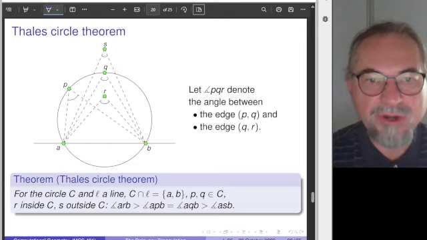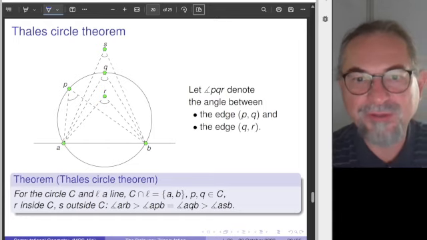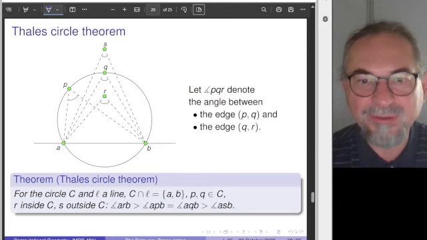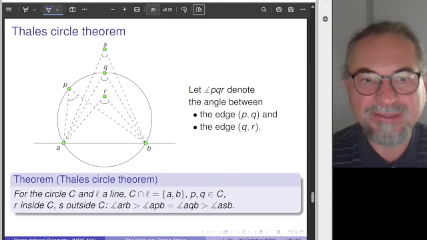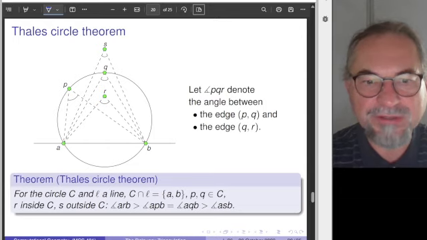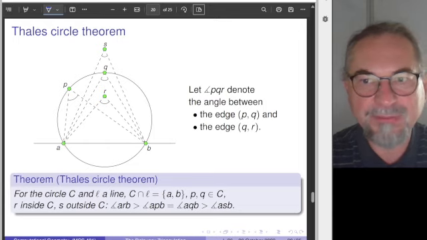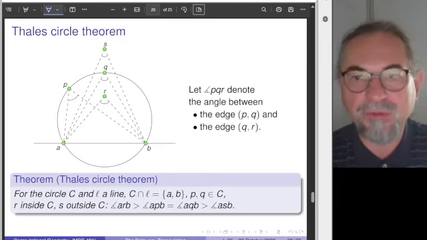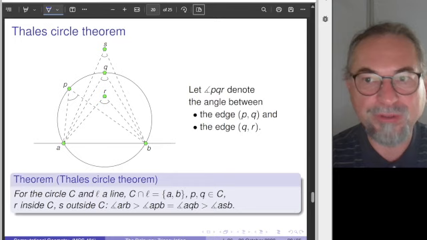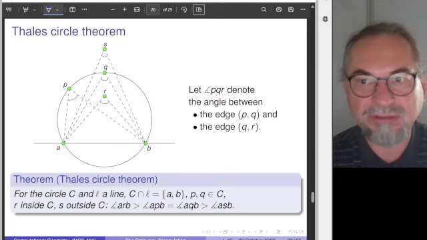So it's a theorem that is used to decide whether a point lies inside or outside the circle. We consider the circle that is defined by the points A, B, C. We know that these 3 points uniquely define a circle, and we can determine whether a point lies inside or outside.